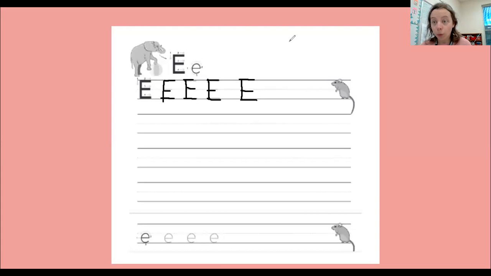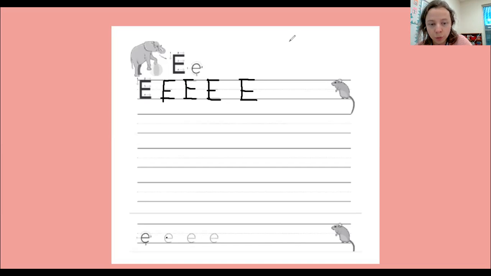Okay, and then for the lowercase e, it's very different from the uppercase E. It's kind of similar to a lowercase c, but not quite. Okay, so you're going to start between the belly and the foot line.